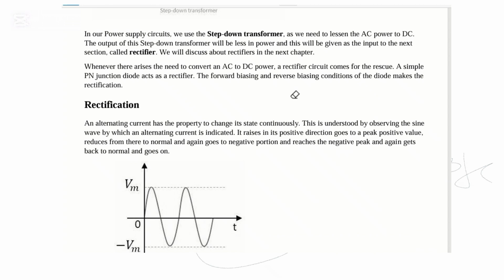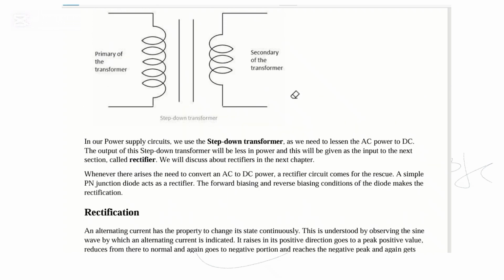In our power supply circuit, now let's apply our transformer in the power supply unit. We use the step down transformer as we need to lessen the AC power to DC.